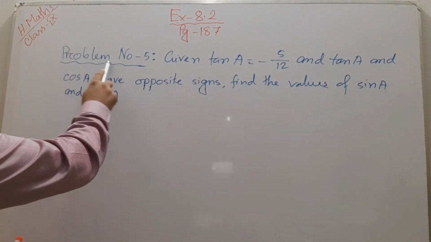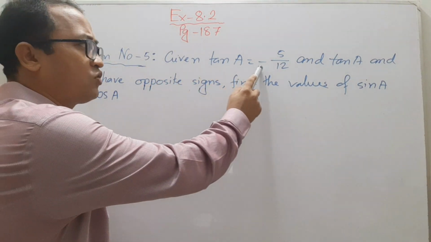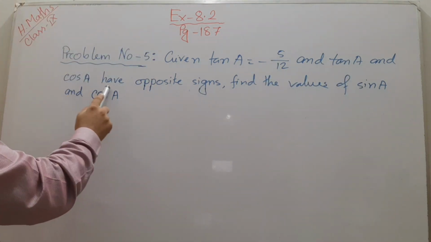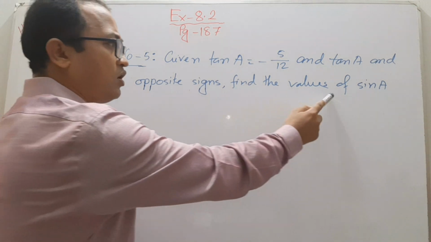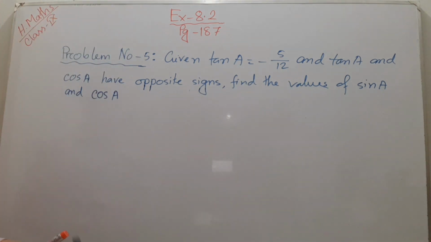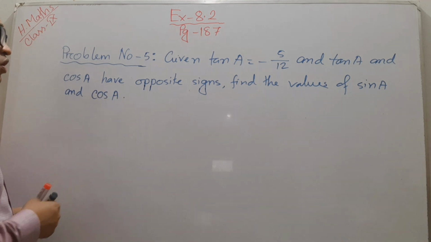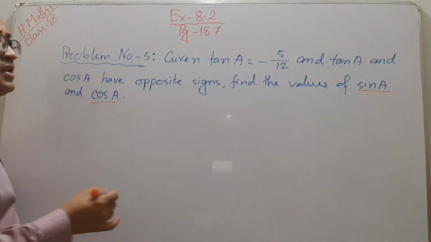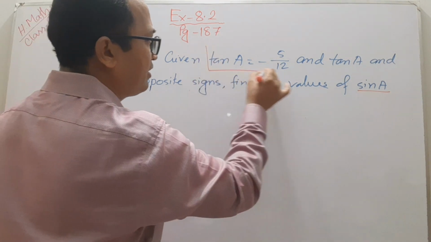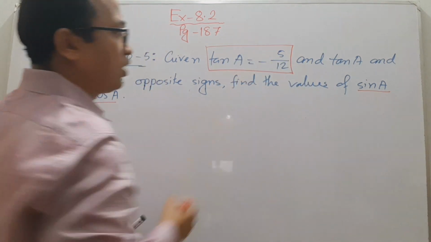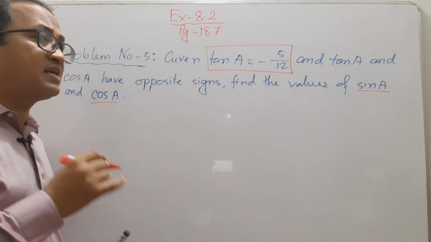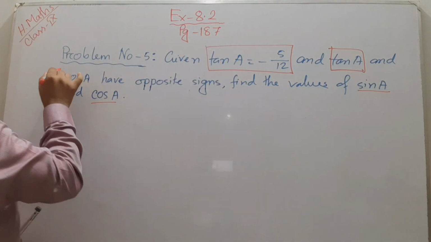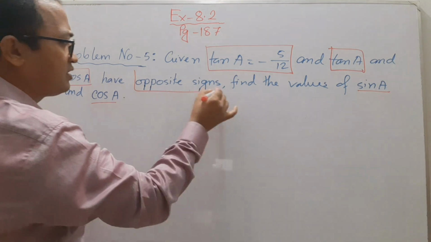Given tan A is equal to minus 5/12 and tan A and cos A have opposite sign. Find the values of sin A and cos A. It is given that tan A is equal to minus 5/12, with the condition that tan A and cos A have opposite signs.